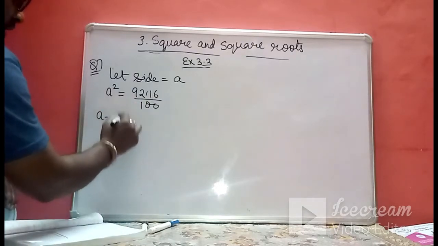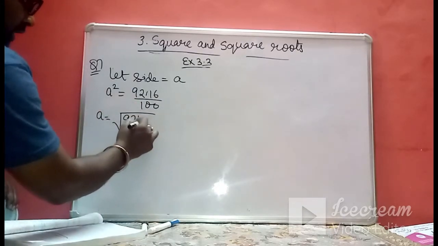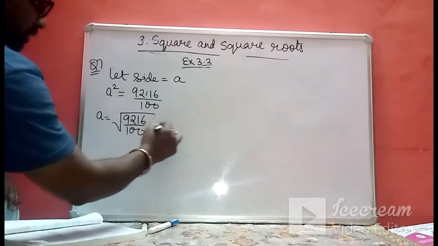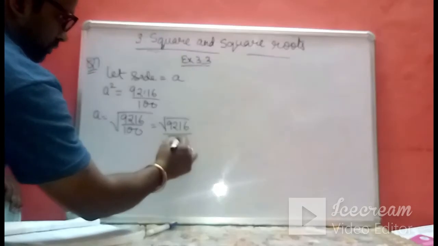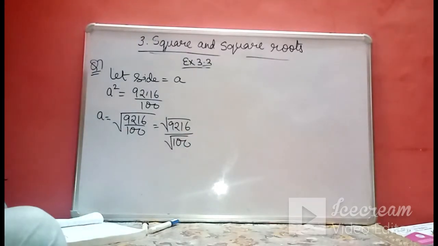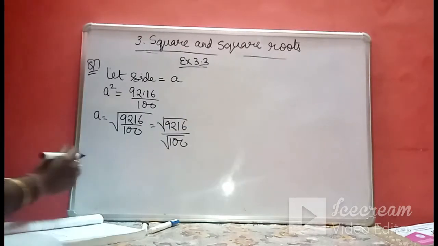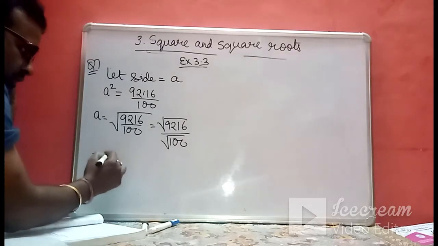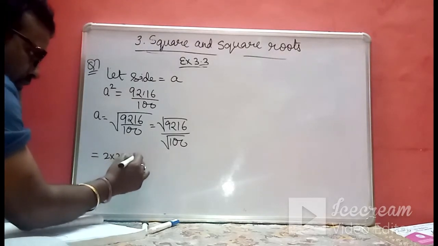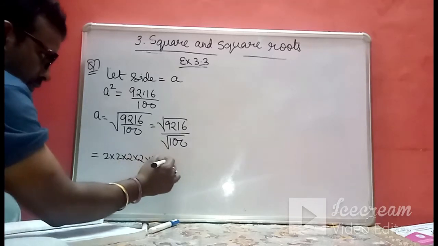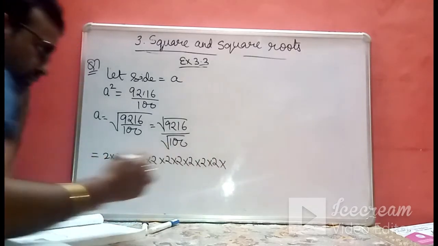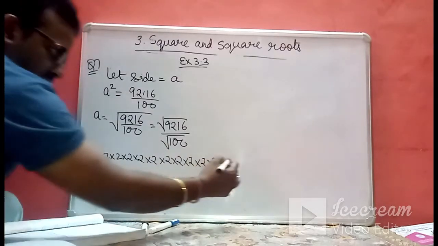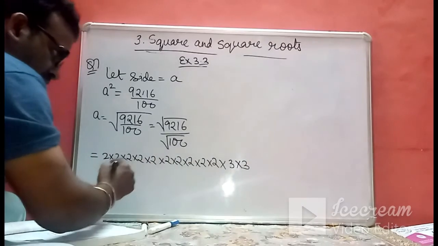So what is a? a will be square root of 9216 upon 100. Then we can write it as square root of 9216 upon square root of 100. Okay. Then we will write the prime factorization of this number. So let's write the prime factorization of 9216. So it is 2 into 2 into 2 into 2, okay, 10 times 2 will be there, then 1 is 3.